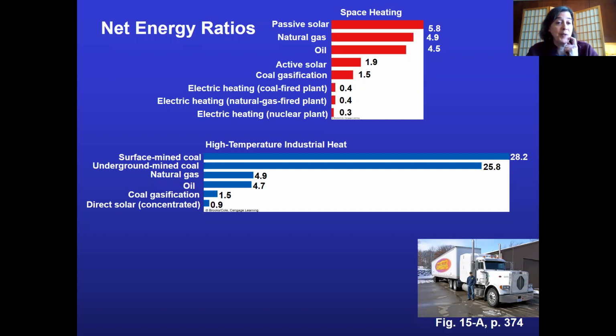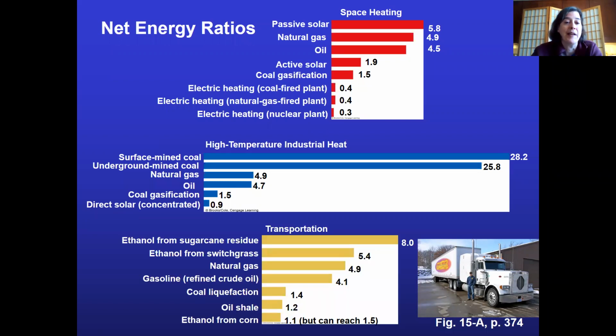A lot of our renewables don't compare as favorably to that. So as we start to look at some of our other sorts of things, they're not as high. So as we look to start replacing our fossil fuels, we're going to have to worry about this net energy situation. And can we improve, say, our solar panels, et cetera, so that their net energy ratios go up? This is again from your textbook, so you can always go back and look at that too.